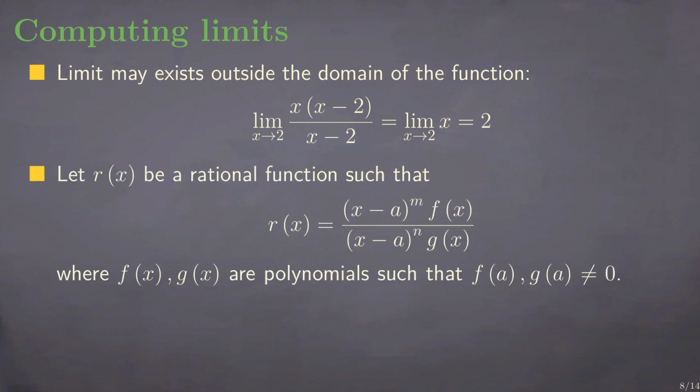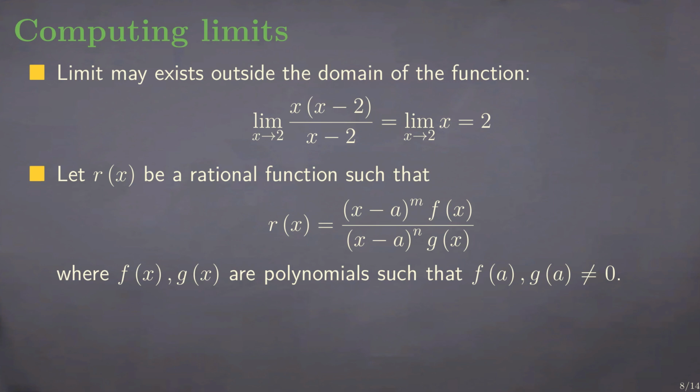And we have a general rule to compute the limit of rational functions outside the domain of those functions. If R(x) is a rational function such that a does not belong to the domain, then R(x) can be written as (x minus a) to the power m times f(x), over (x minus a) to the power n times g(x), where f and g are polynomials such that a is not a zero of both f and g.